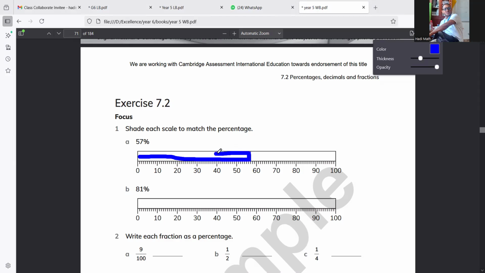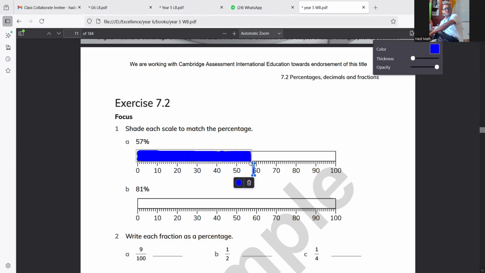Shade all this part up to 57. This is how you shade your part. It should be this way. Now we have shaded 57%.